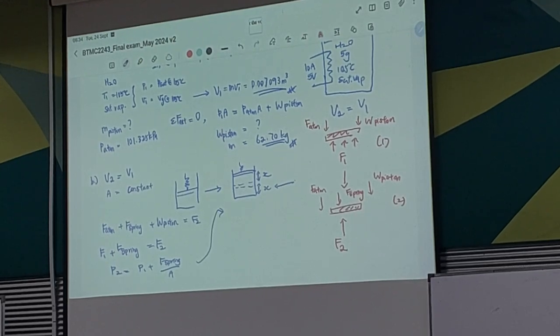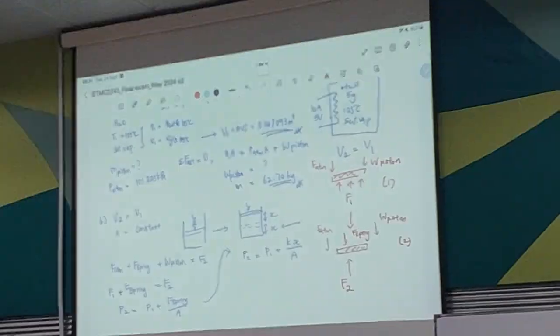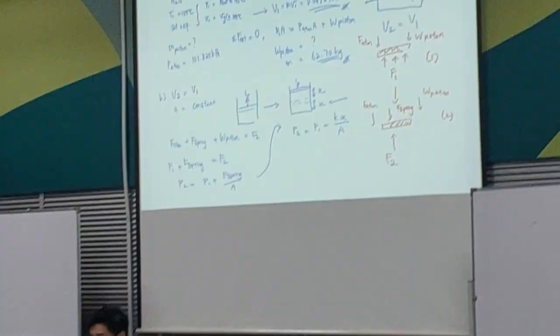Which in this case, let's put it over here, P2 is just P1 plus Kx over A. Because that's how much work the spring is doing, which is x.